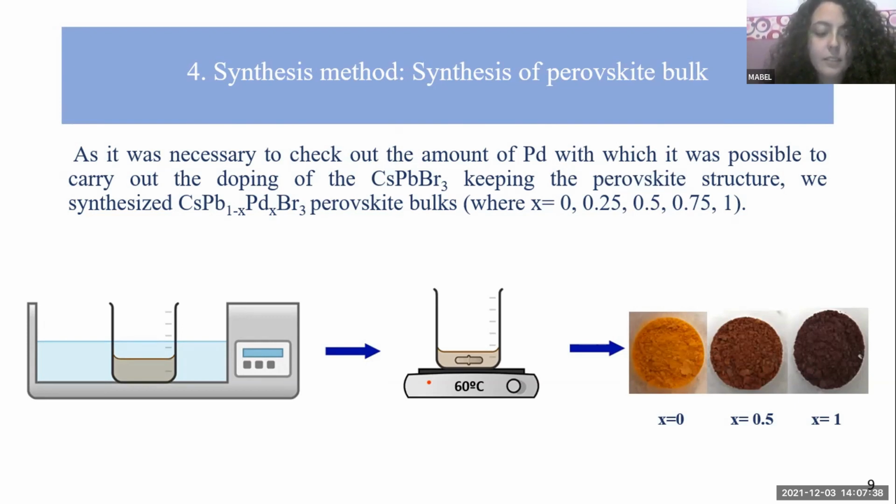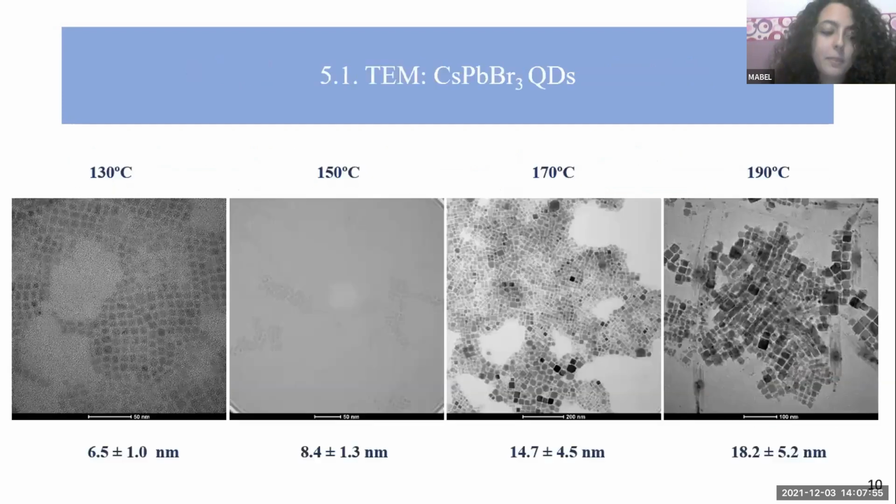We found that for compositions in which X is higher than 0.50, the perovskite structure is not obtained. Thus, we decided to dope the perovskite with 0.25 palladium. And now I am going to comment on the results of the characterization of the samples.